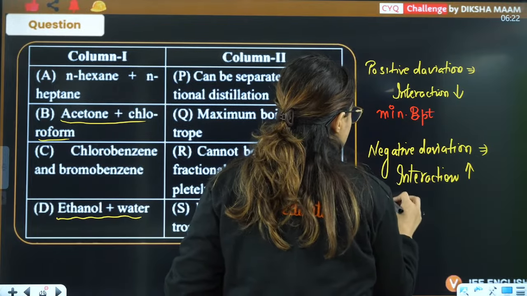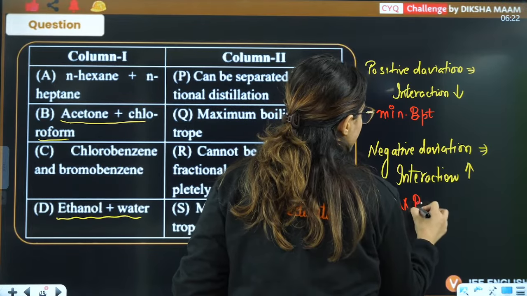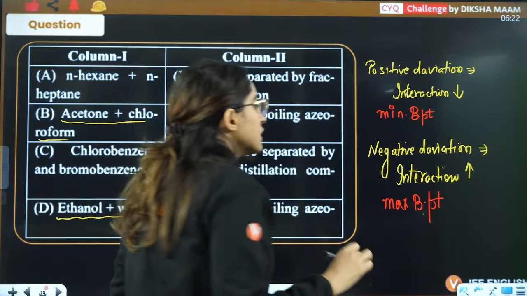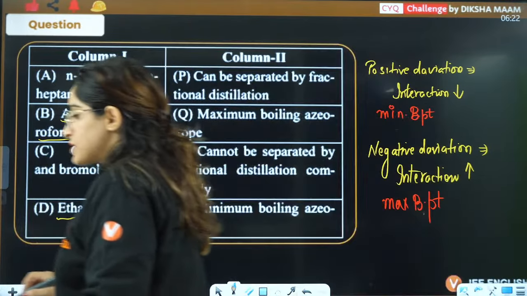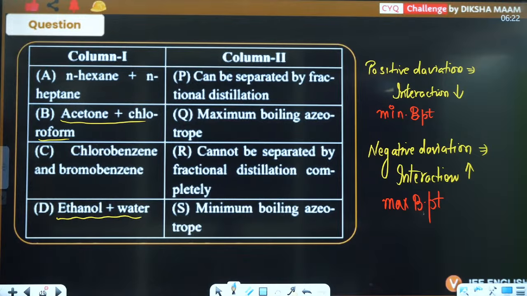This is a maximum boiling azeotrope. So all you have to do is tell which one is positive deviation and which one is negative deviation. Yes everybody, do let me know in the chat box if that is clear to all of you or not. Right, students?